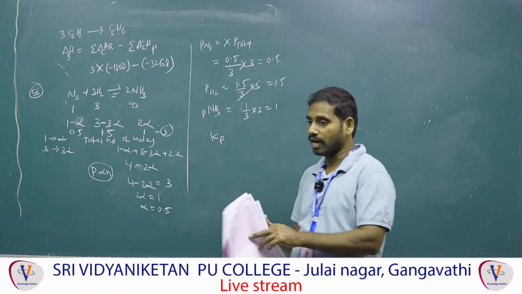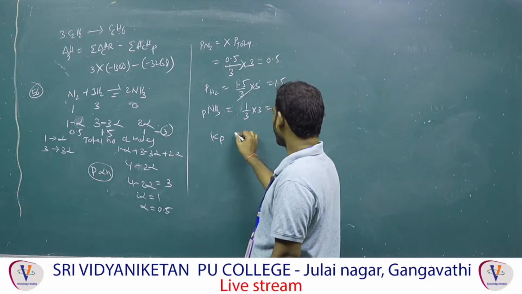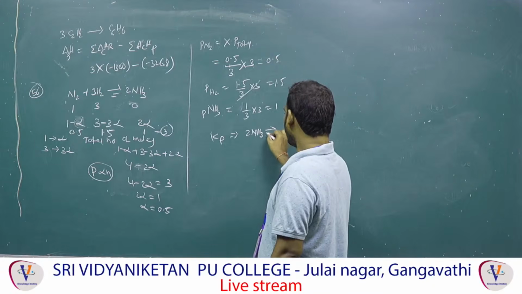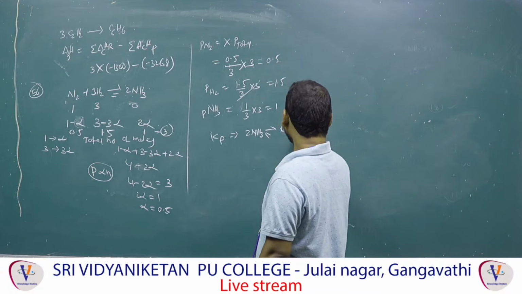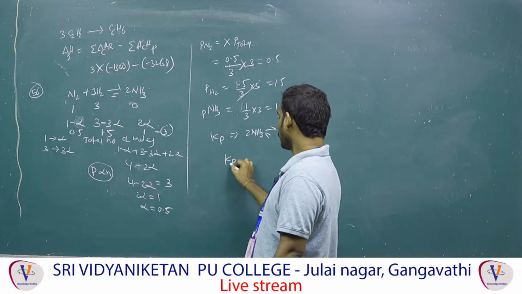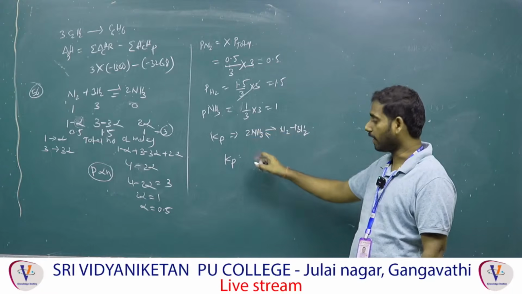What did they ask for Kp last? Decomposition of ammonia means the reaction is reversed, so 2NH3 is converted to N2 plus 3H2. Write the Kp. Kp means partial pressure of products by partial pressure of reactant.